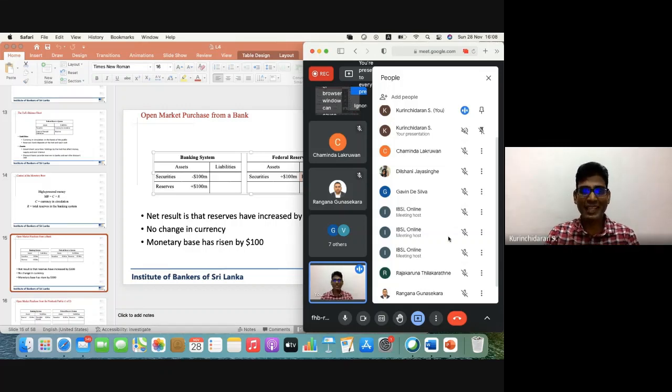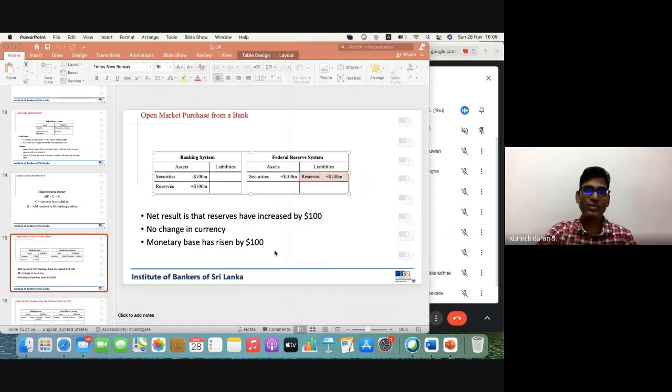If the central bank assesses like that, as during the pandemic, the central bank wants banks to lend more. So then they have to increase the monetary base. One way is open market operations, through which they can purchase securities.